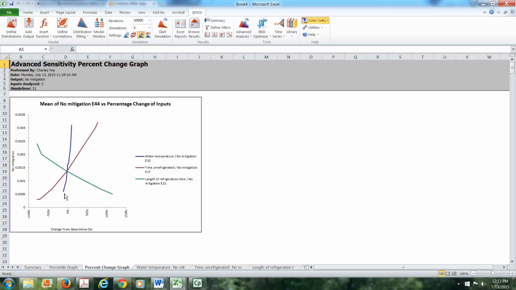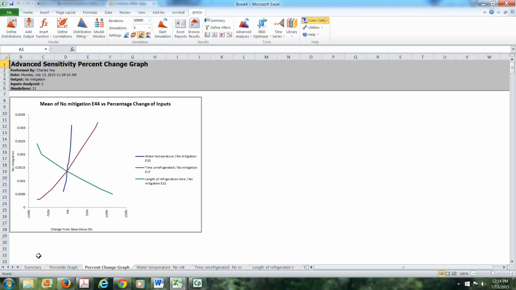The range of results, looking at the vertical, in water temperature, you don't need much percent change in water temperature to get fairly dramatic rates of change. We need more dramatic changes in the time unrefrigerated to get similarly dramatic changes in the illness rates.